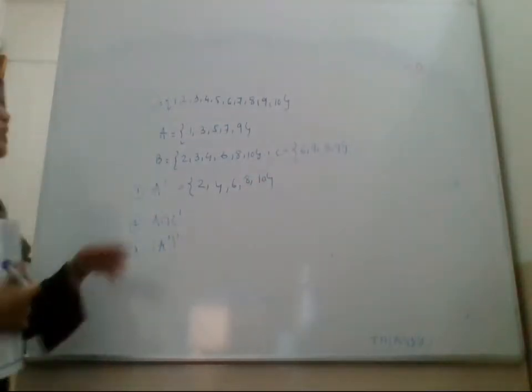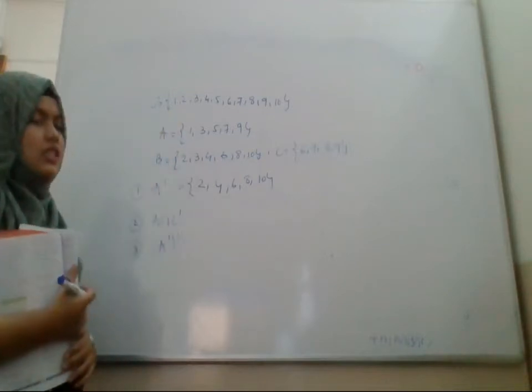So you have to list out those elements which are not in A but in the universal set.